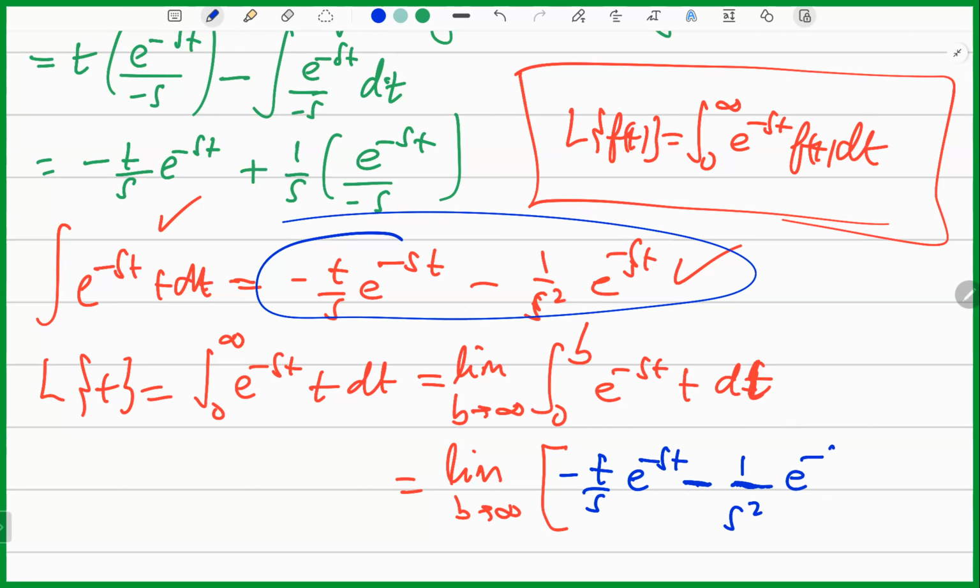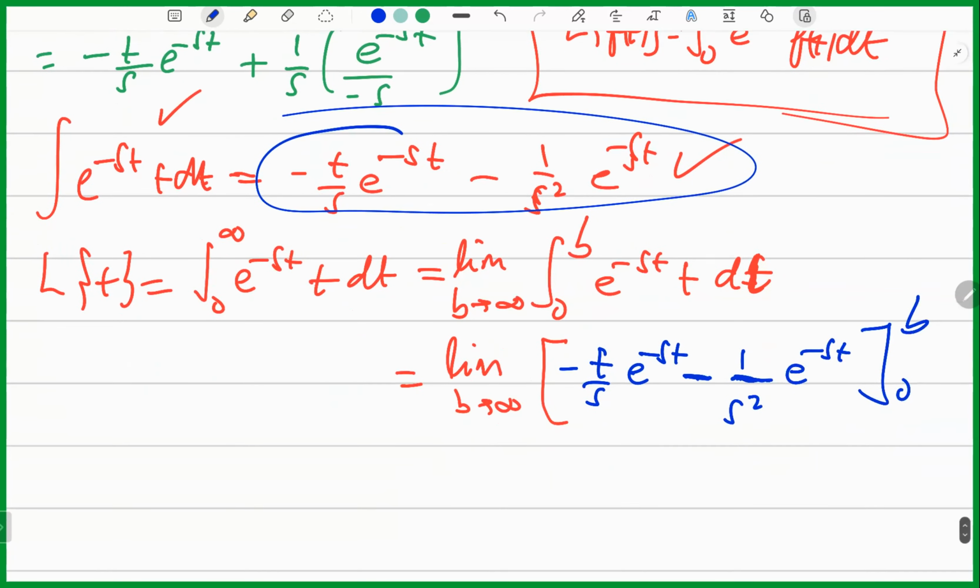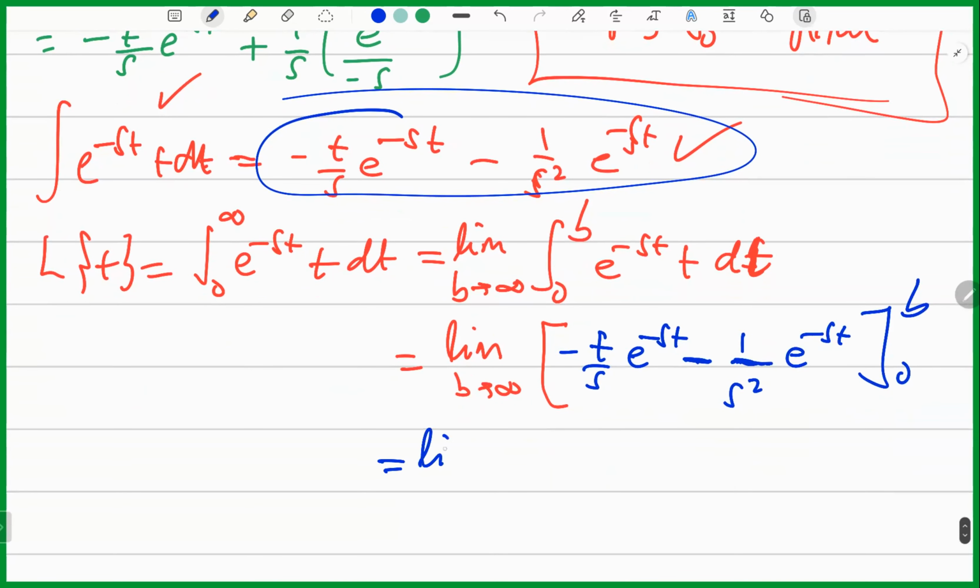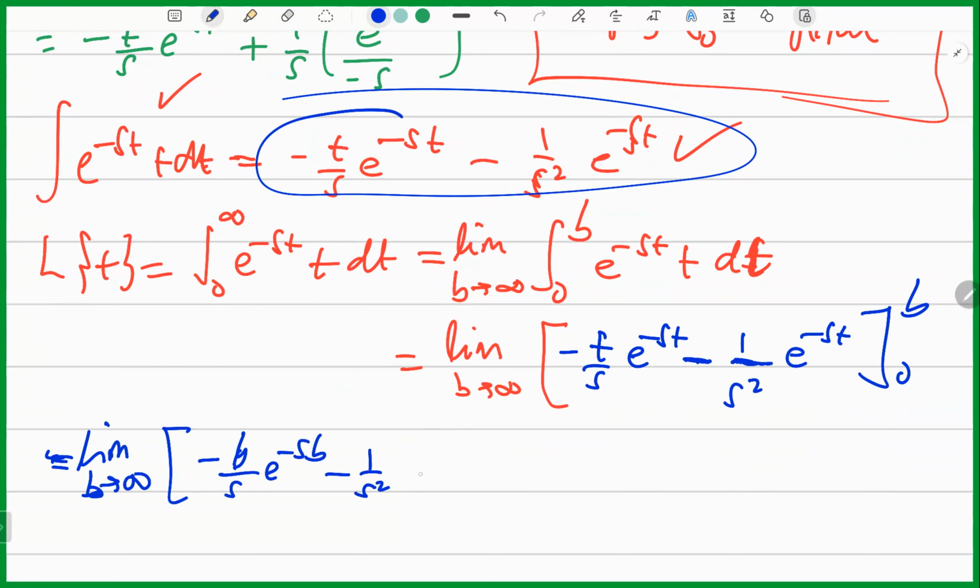So it is this one. Okay, so we have this. So which is the limit? Or you put the b: minus b over s e to the minus sb, minus 1 over s squared e to the minus sb, minus.